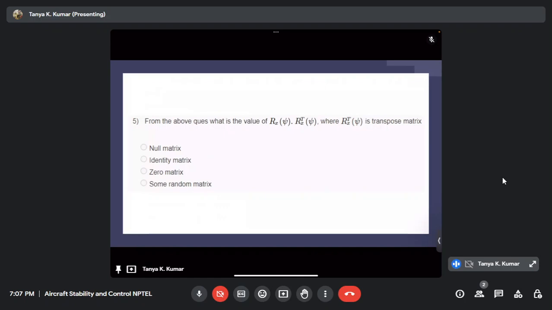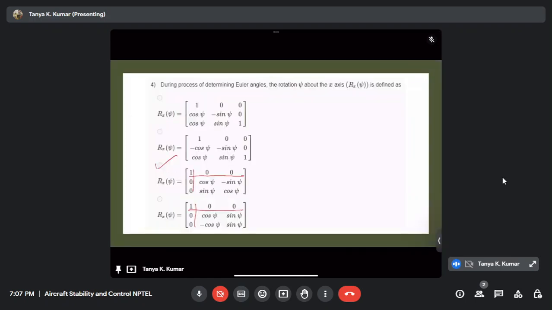Just do it. I'll give you a couple of minutes. Take the matrix that you have here, multiply it with its transpose, and tell me what the value is.